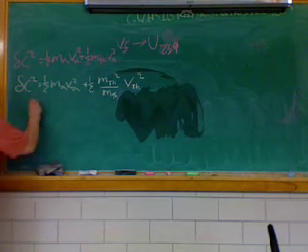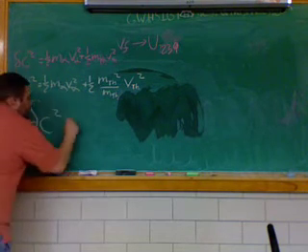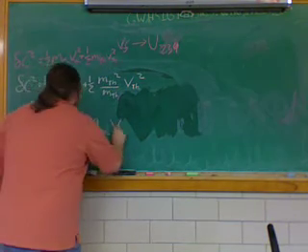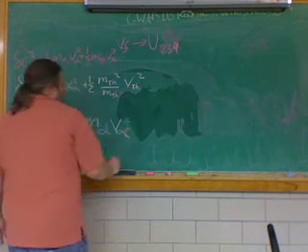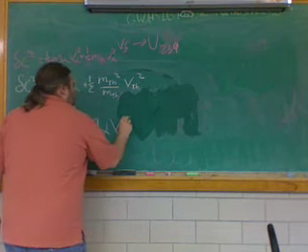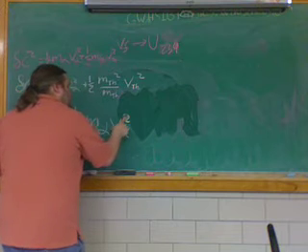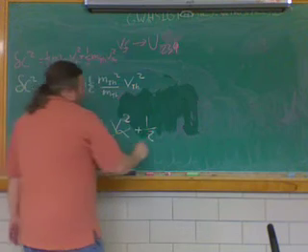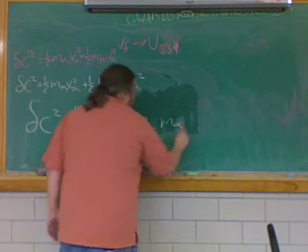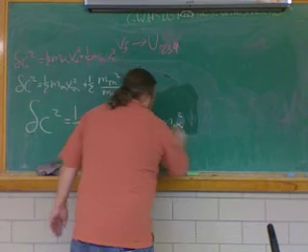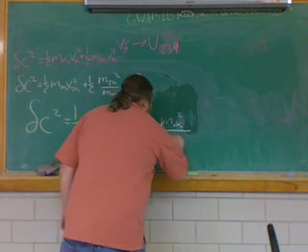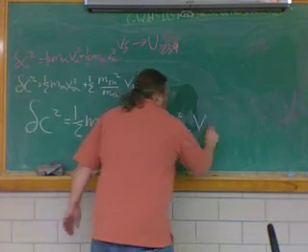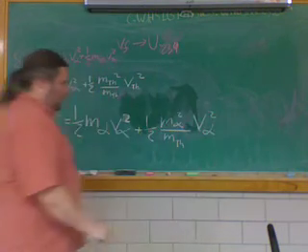I'm going to end up with the mass defect is equal to 1/2 mass alpha, velocity of alpha squared plus 1/2 the mass of alpha squared over the mass of the thorium times the velocity of alpha squared.